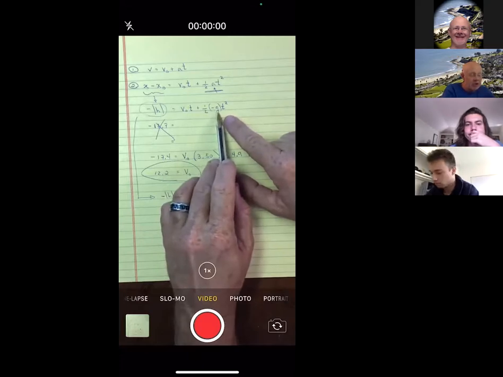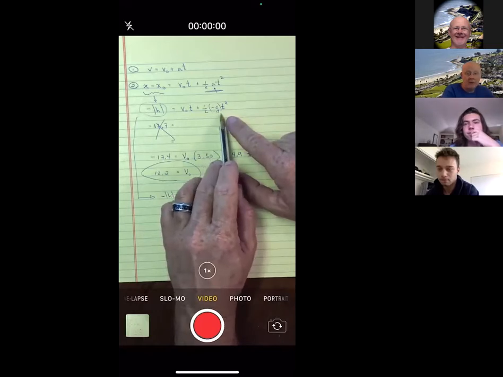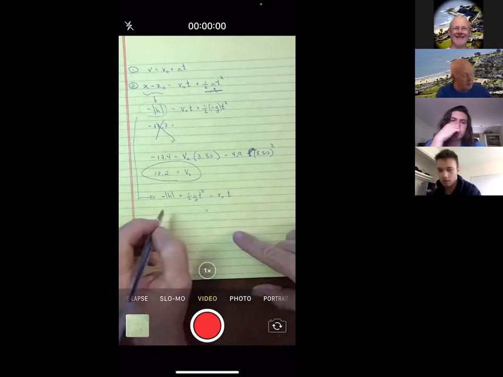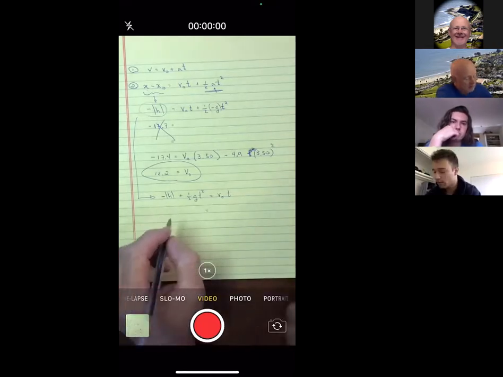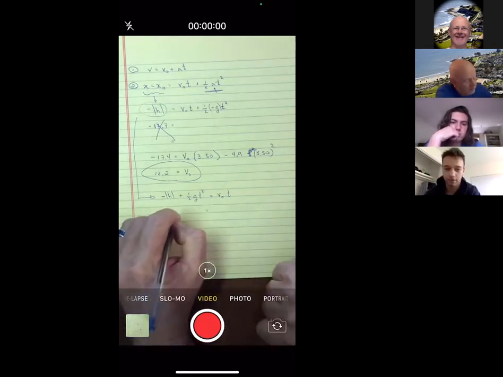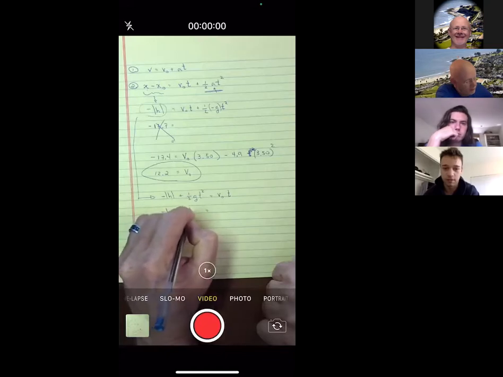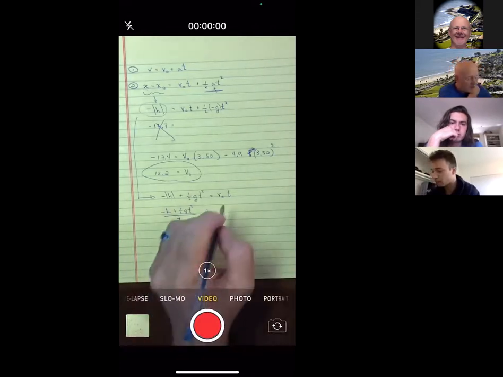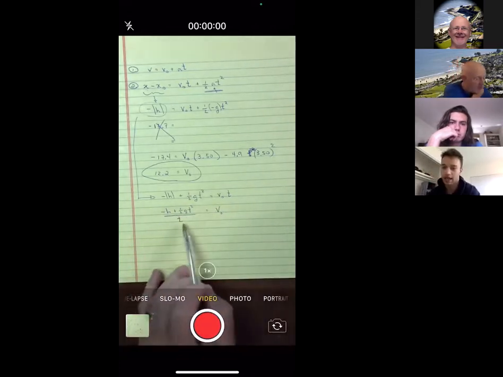Remember now, g is representing a positive number of 9.8 when you do this step. Yeah. Okay. So I moved that minus sign and made it V T minus 1/2 G. I just moved the minus sign, and then I plugged in negative 9.8.